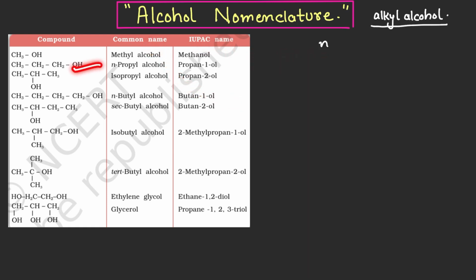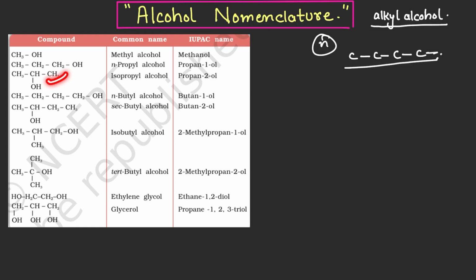For this one we are having N. N signifies that the chain is not branched, the chain is linear. So I am writing N-propyl alcohol. For the IUPAC nomenclature, 1, 2, 3 signifies prop, and single bonds are there, so propane, and numbering we will do 1, 2, 3. At the first position we are having the ol, so I am writing ol over here.